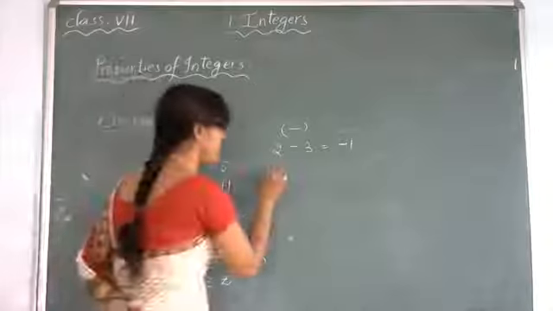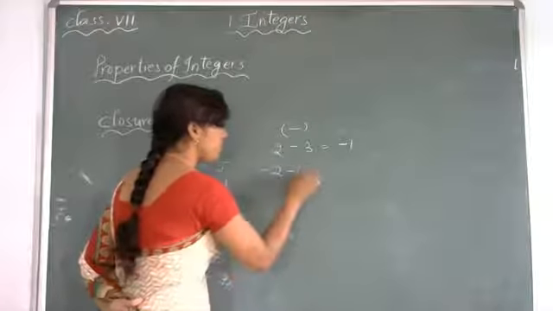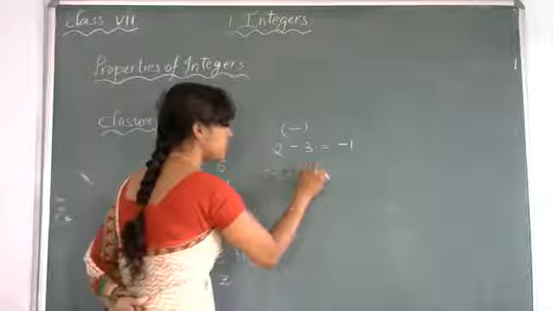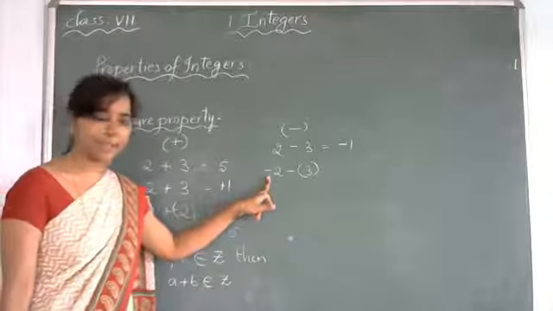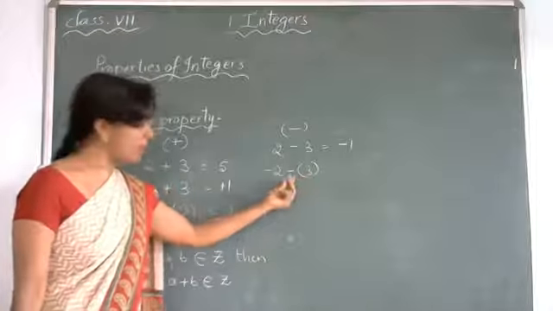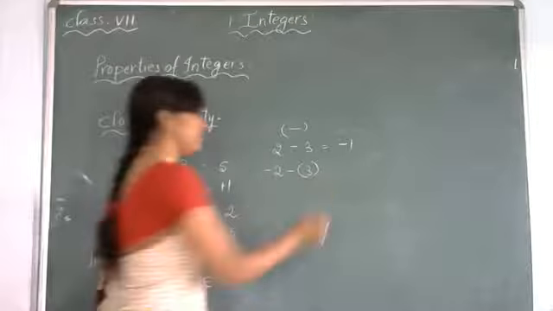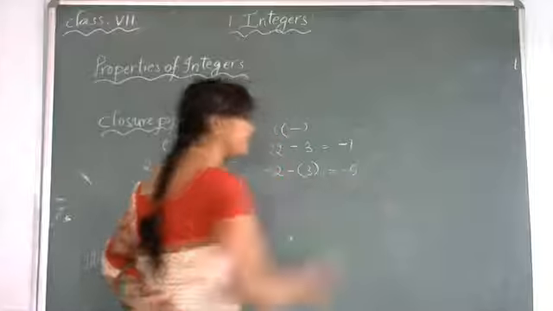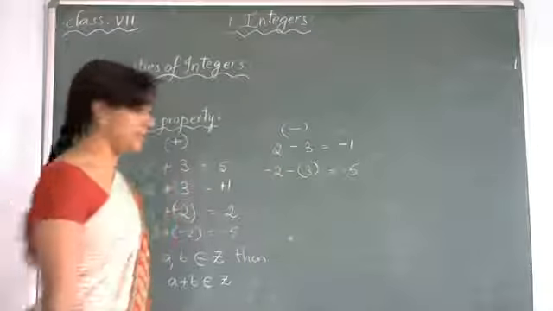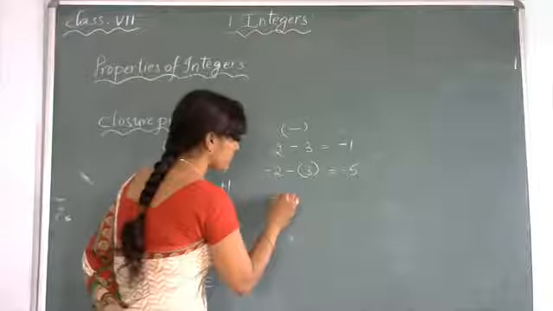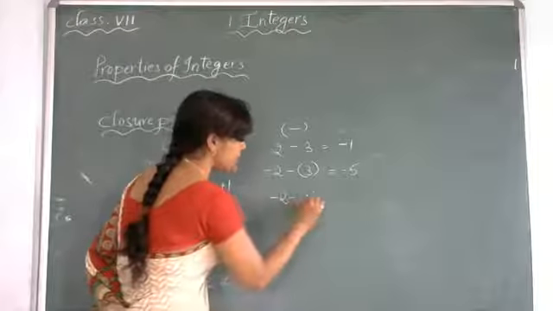In the same way, minus 2 minus plus 3. Here again I have taken a negative integer and a positive integer. The operation is subtraction. What is the result? Minus 5. Minus 5 is also an integer. In the same way, minus 2 minus minus 3.